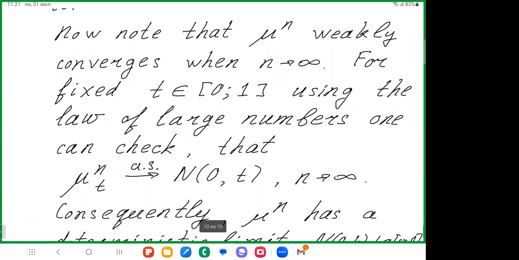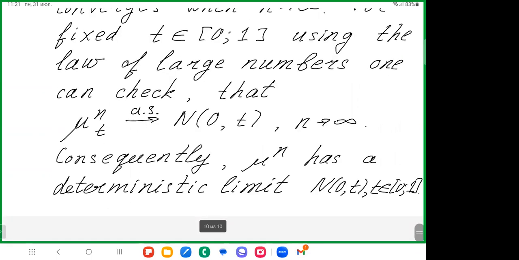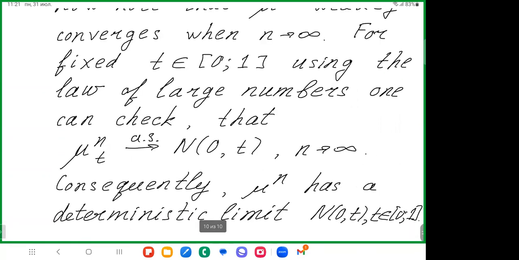Consequently, mu n has a deterministic limit, which is just the Gaussian distribution with the parameter t when t moves on the interval 0, 1.